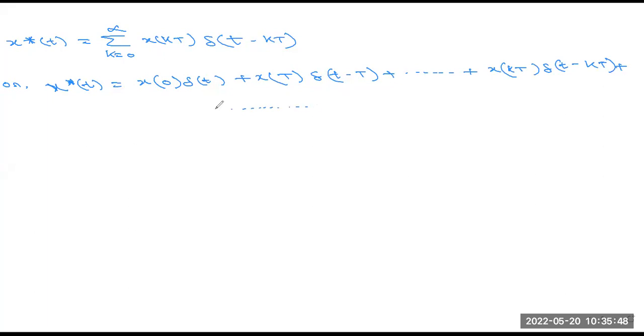These are basically the functions of the different k values, 0 to infinity. This is equation number 1.